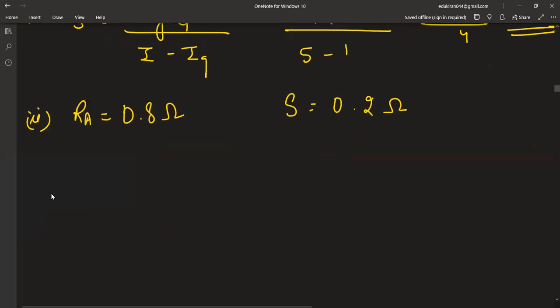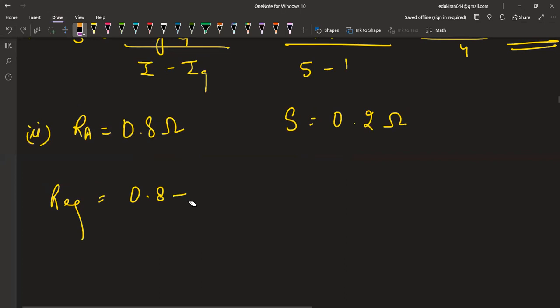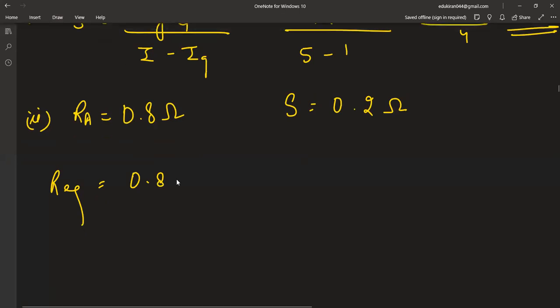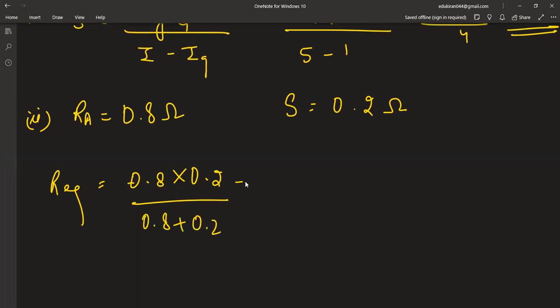So R equivalent would be 0.8 into 0.2 divided by 0.8 plus 0.2. This becomes 0.16 by 1, which is 0.16 ohm. This is the answer.